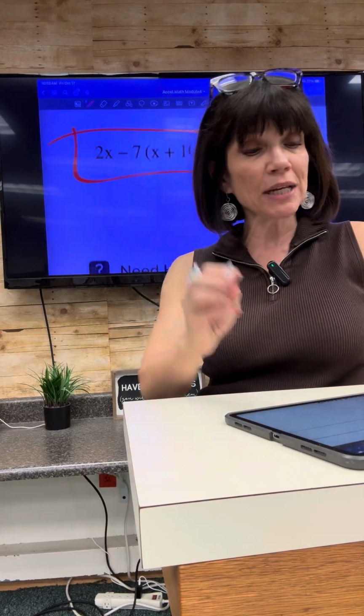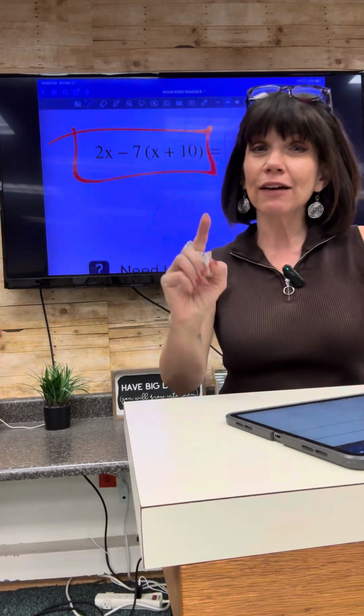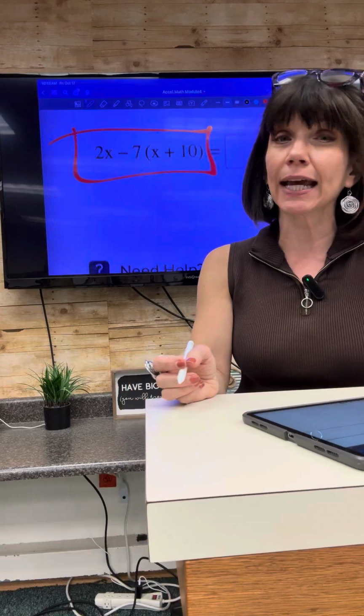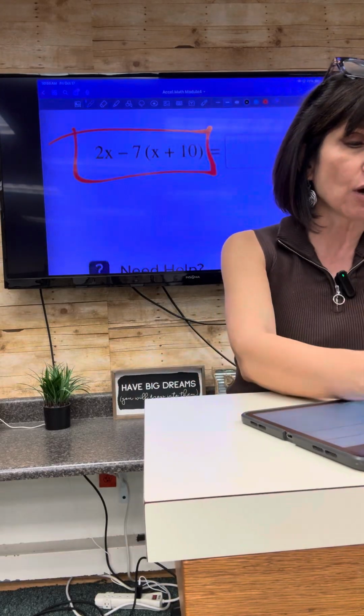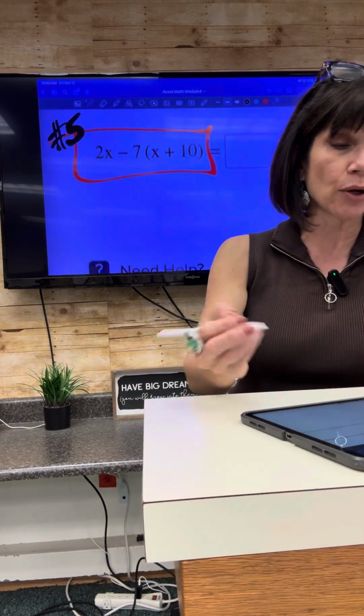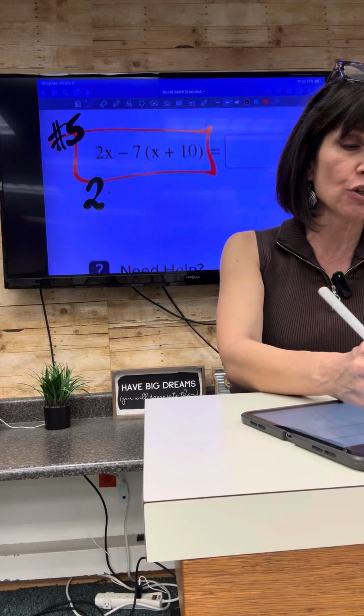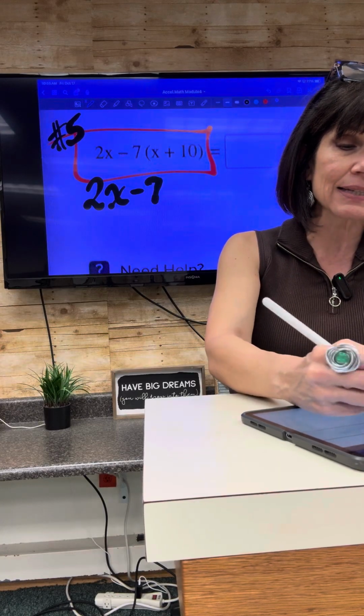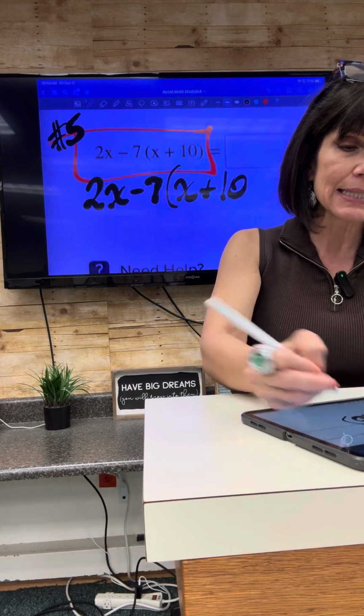All right, so let's begin by copying what they have given us so far on the left. And again, this is item number 5, so label it in your notes. And then please copy 2x minus 7 sets of x plus 10.